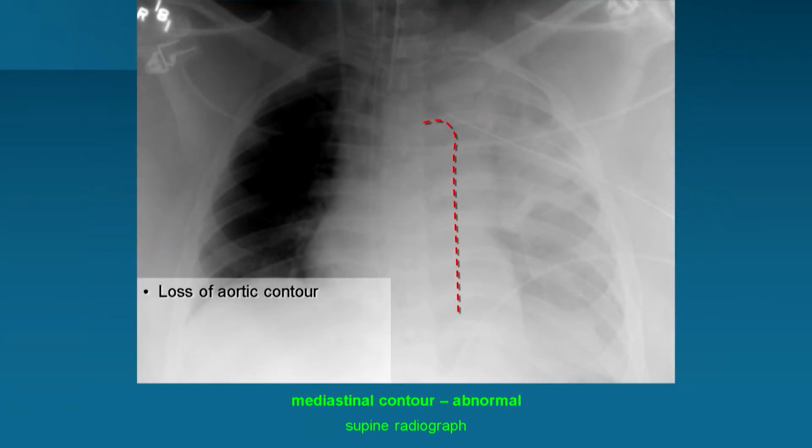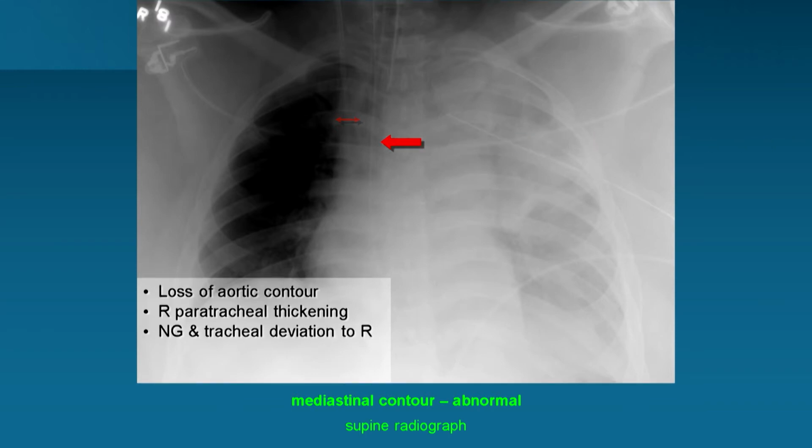So what we're looking for with our aortic injuries is loss of the aortic contour, which should be somewhere along that dotted line and is nowhere visible in this patient. Thickening in the right paratracheal space, presumably that's going to be hemorrhage tracking along there. Something denser than what the SVC needs. So anything that blurs that lateral wall of the trachea is going to be dense enough to become paratracheal thickening.